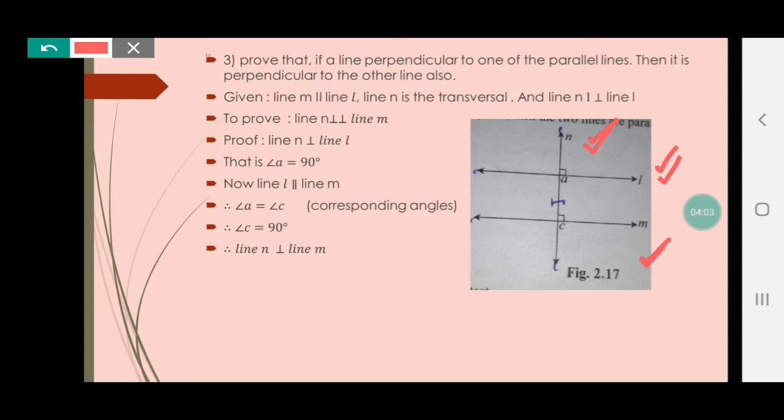So angle A is equal to 90 degrees. Now line L is parallel to M, right? So angle A will be equal to angle C. This angle is equal to this one, right? So the measure of angle C turns out to be 90 degrees. Therefore line N is perpendicular to line M. I hope it is clear.